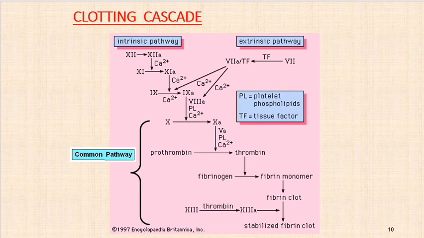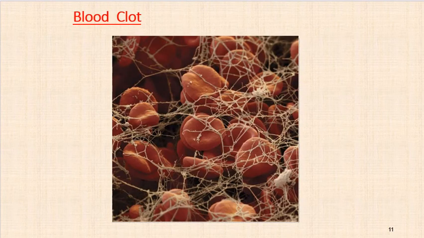Then prothrombin is converted to thrombin, and thrombin enzymatically cleaves the fibrinogen into fibrin threads, fibrin monomers, and a meshwork of fibrin threads is formed, in the interstices of which the blood cells are entangled in this way.